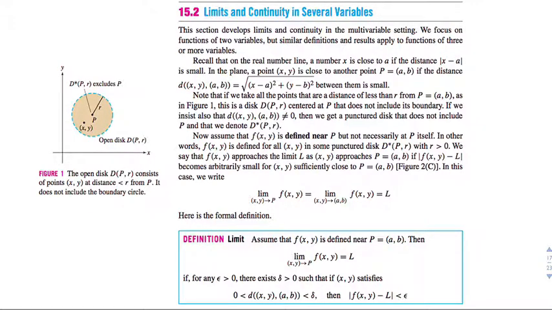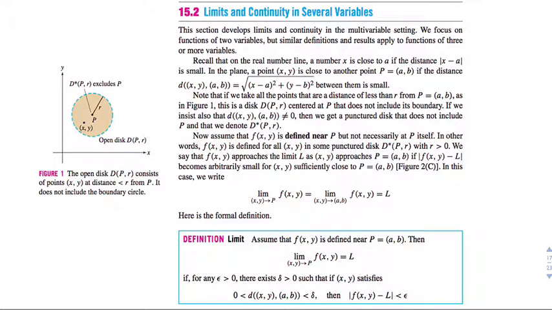If we insist that the distance between (x, y) and (a, b) is not 0, where (a, b) are the coordinates of our point P, so the point (x, y) is not directly on our point P, then we get a disk that does not include P, and we denote it as D star.